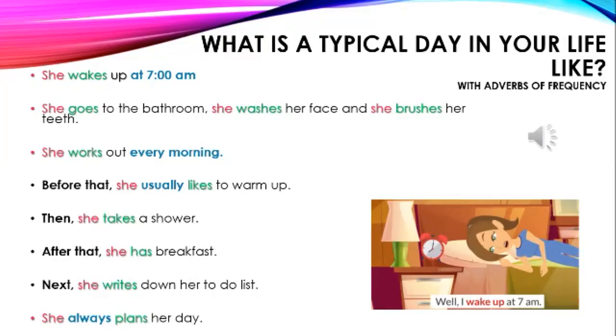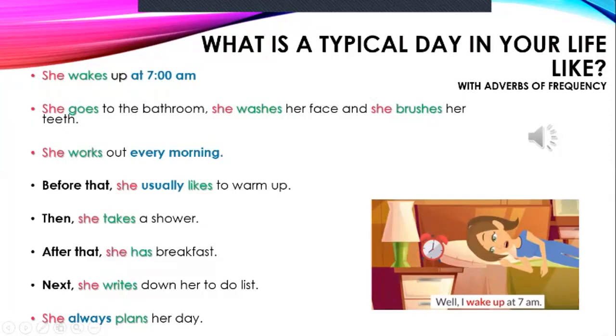Okay. So, as you can notice, she said how often she does her activities, right? She wakes up at 7 a.m. She goes to the bathroom, she washes her face, she brushes her teeth, right? She works out every morning.